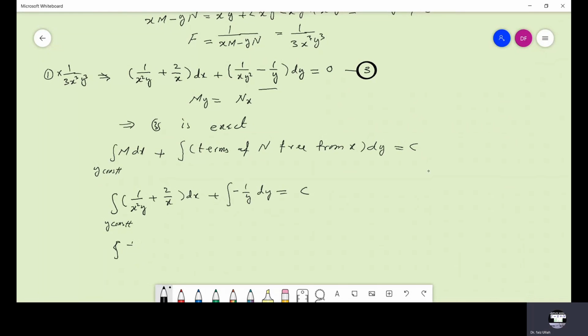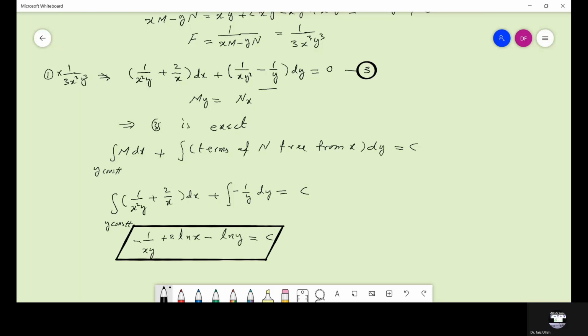In the second term, taking 2 as common, integration of 1 over x is ln x. So I can write 2 ln x. Here taking minus as common, integration of 1 over y with respect to y is ln y is equal to c. And that is the required solution for this problem. That's all.